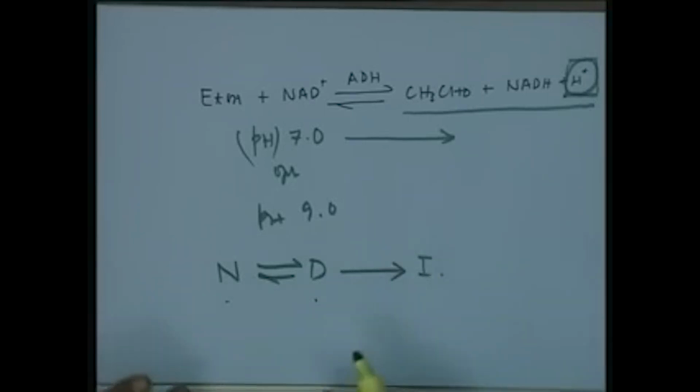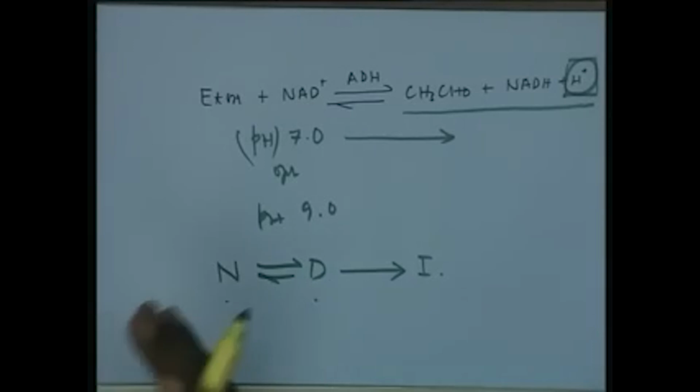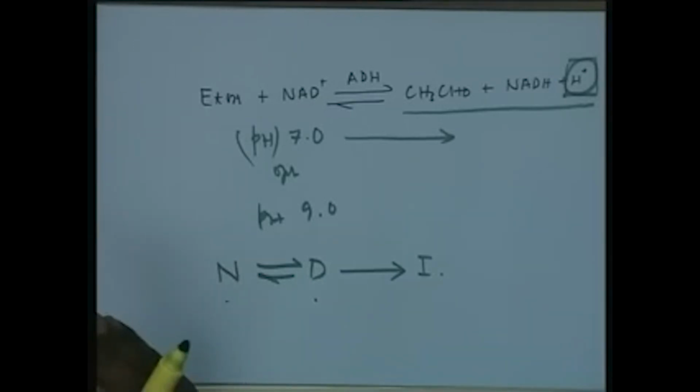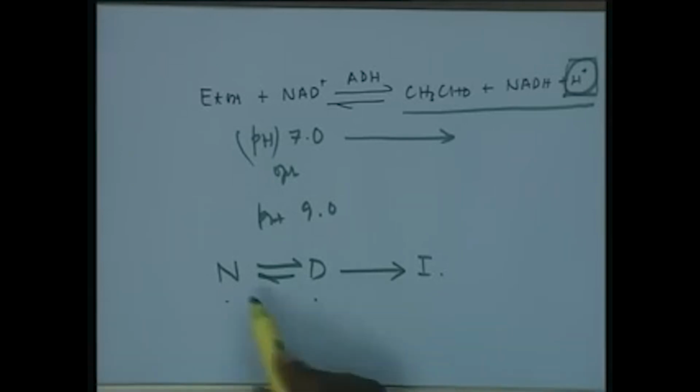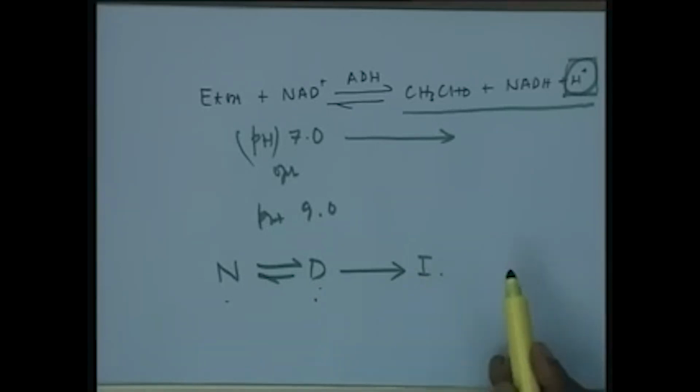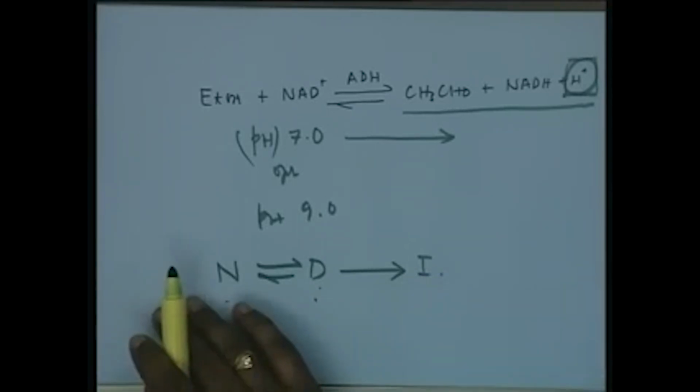A similar effect is noticed for pH. If the pH alteration is mild, you might observe only a reversible change, and the enzyme can be brought back to the native conformation, but if you further change the pH, it might undergo irreversible inactivation, and it may not be possible to bring it back.